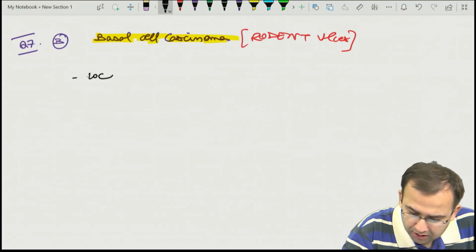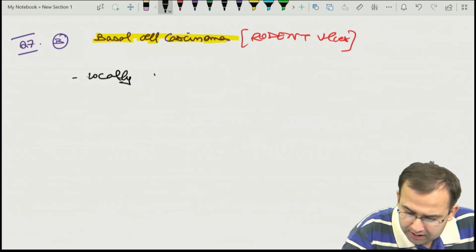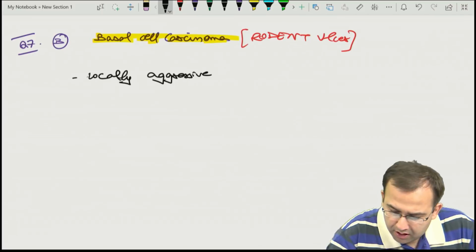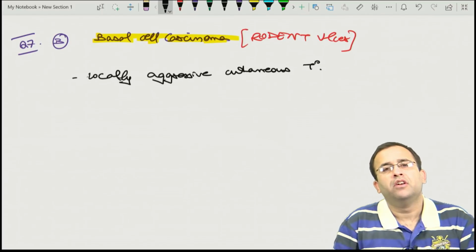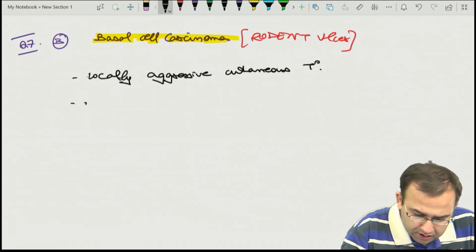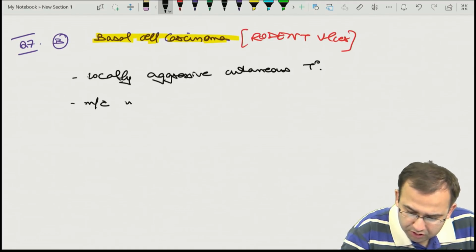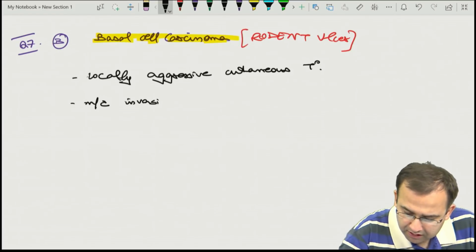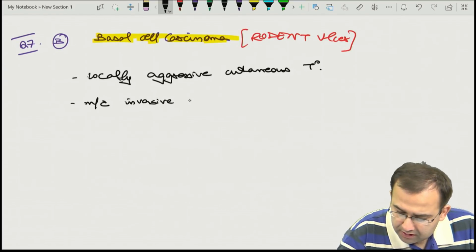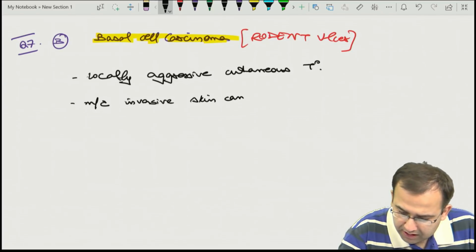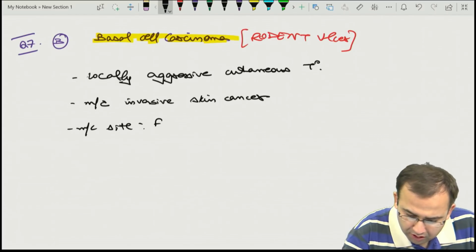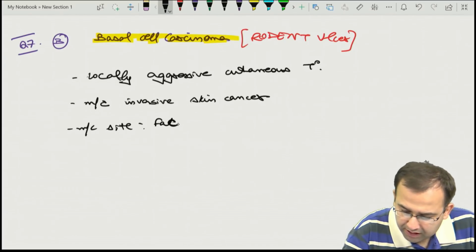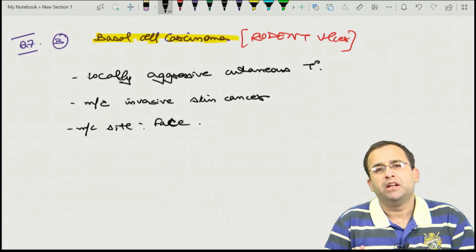It is a locally aggressive cutaneous tumor, which is the most common invasive skin cancer of humans, with the most common site being the face.